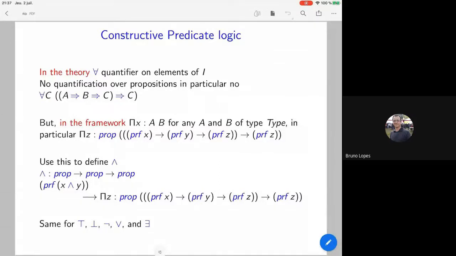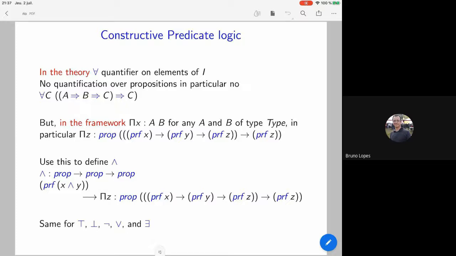But you see that even if you cannot quantify over propositions in the theory itself using the for all quantifier, you can do that in the framework. So what does it mean? It means that in deductive itself, you can build the product type pi x in A, B for any A and B of type.